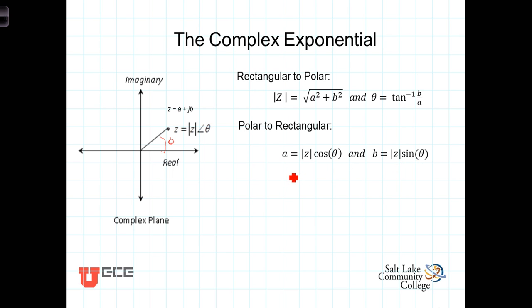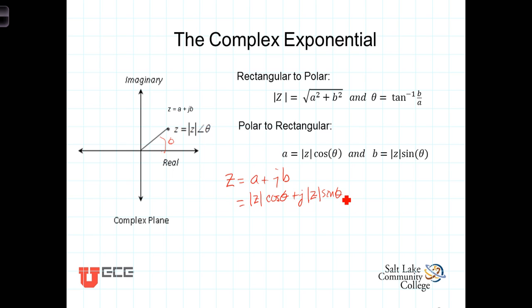Now, let's write the complex number z in real form with a real part plus an imaginary part, but do it in terms of the polar coordinates. In other words, z is equal to the real part a plus jb, which is equal to a, the magnitude of z times the cosine of theta, plus j times the magnitude of z times the sine of theta.